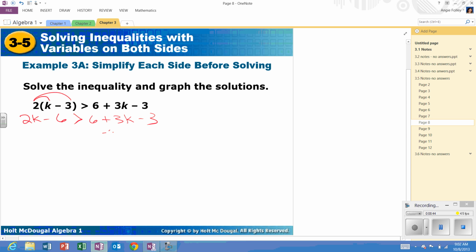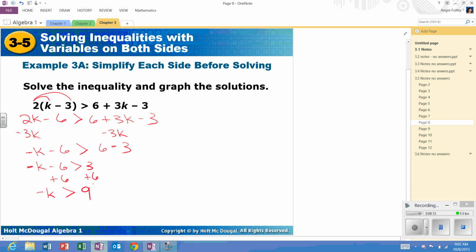So I'm going to move this 3k over, and that gives me negative k minus 6 is greater than 6 minus 3. I'm going to combine my like constants on this right side, so 6 minus 3 is 3. Now I'm going to add my 6 over to get rid of it. So I've got negative k is greater than 9.